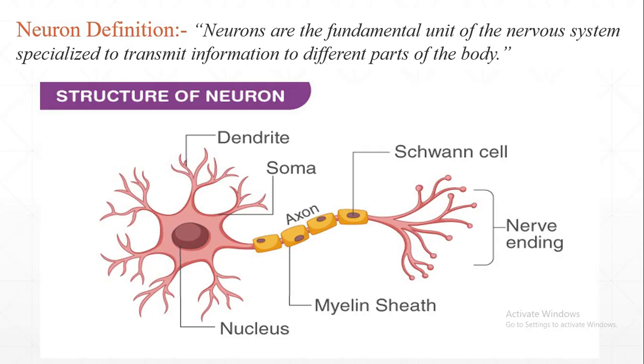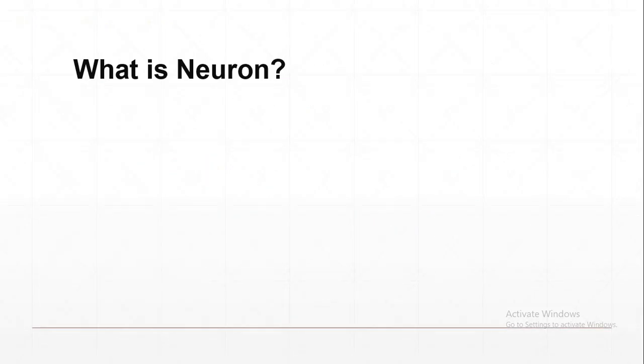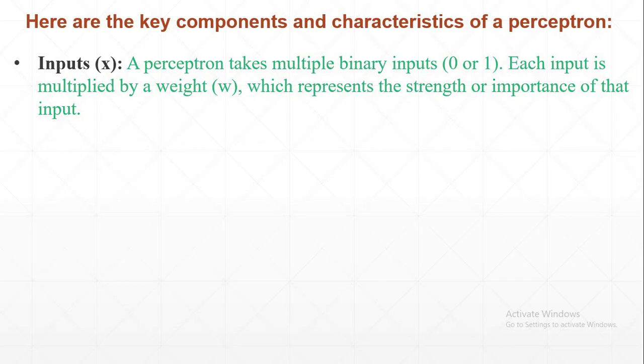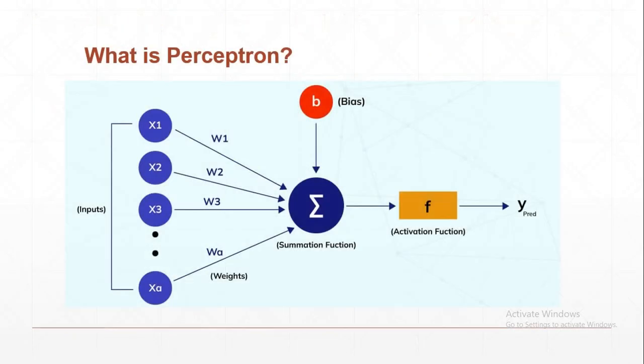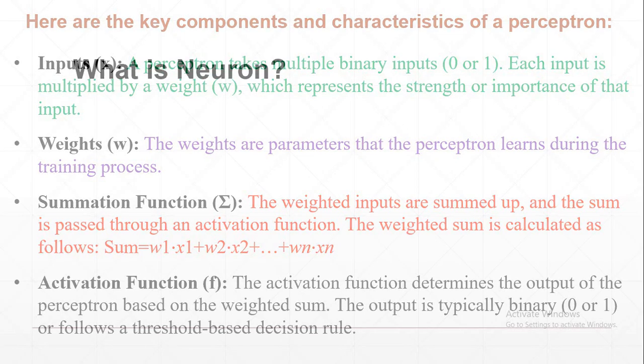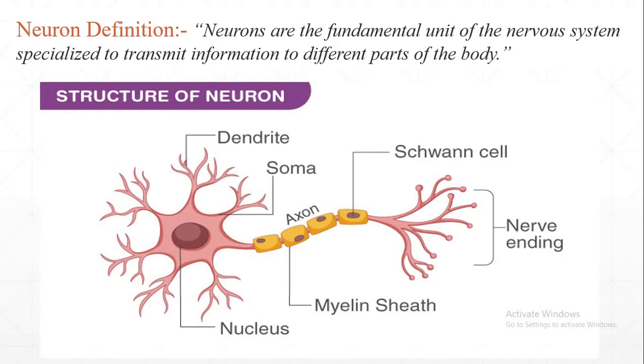Next you can see the nucleus. Comparing with this model, the input part is my dendrite, the summarization function is the nucleus part, then the axon is like the activation function. Then the nerve ending passes the information to others.